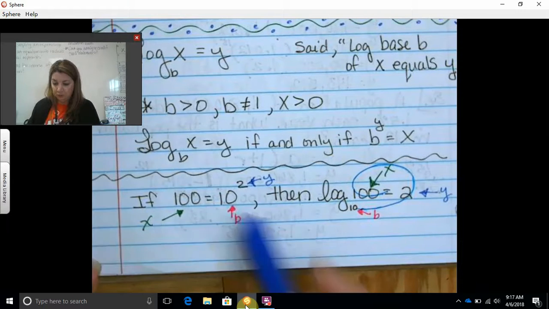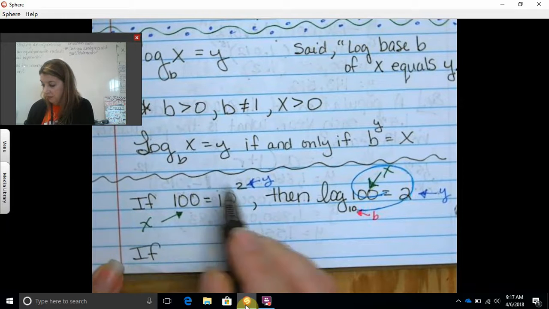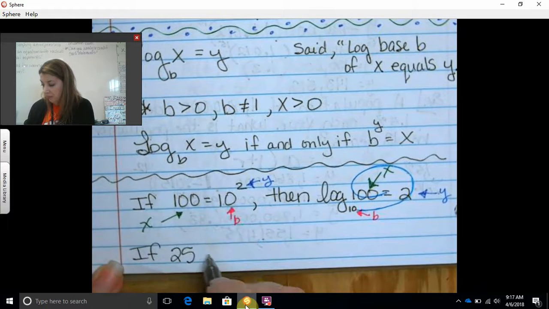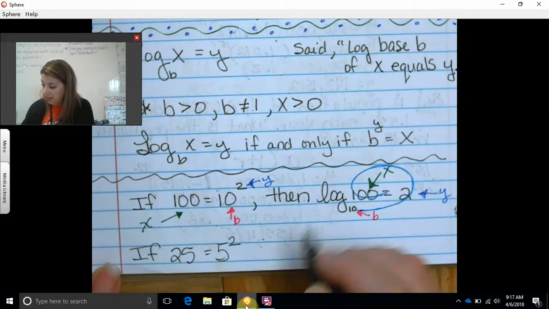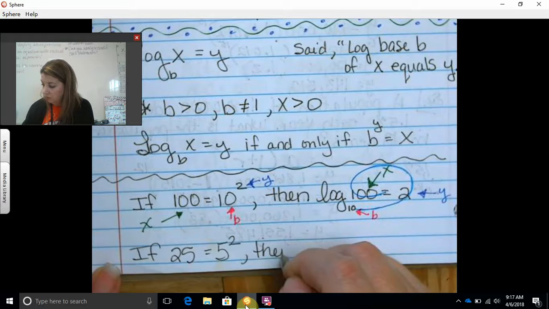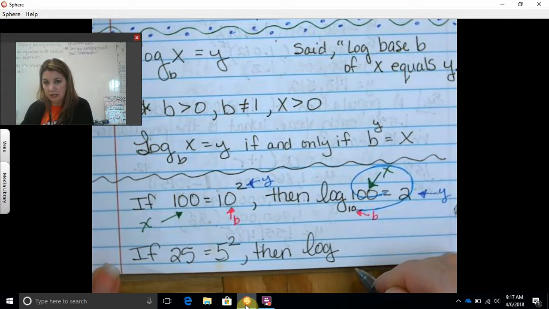If 25 equals 5 squared, so that would be exponential form, then log base what? What would our base be?